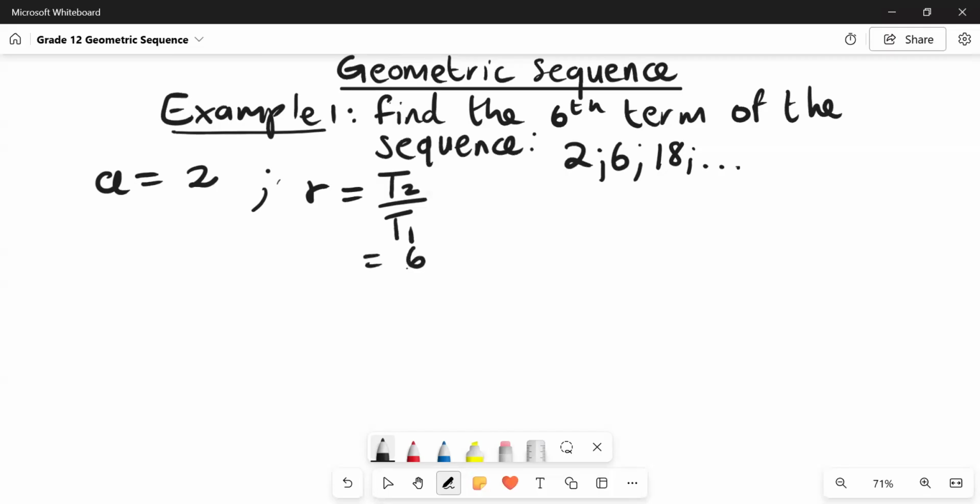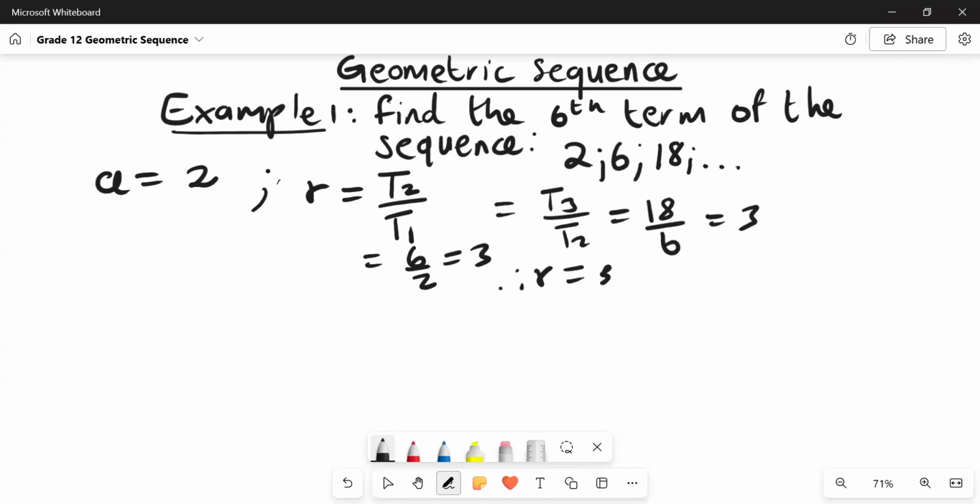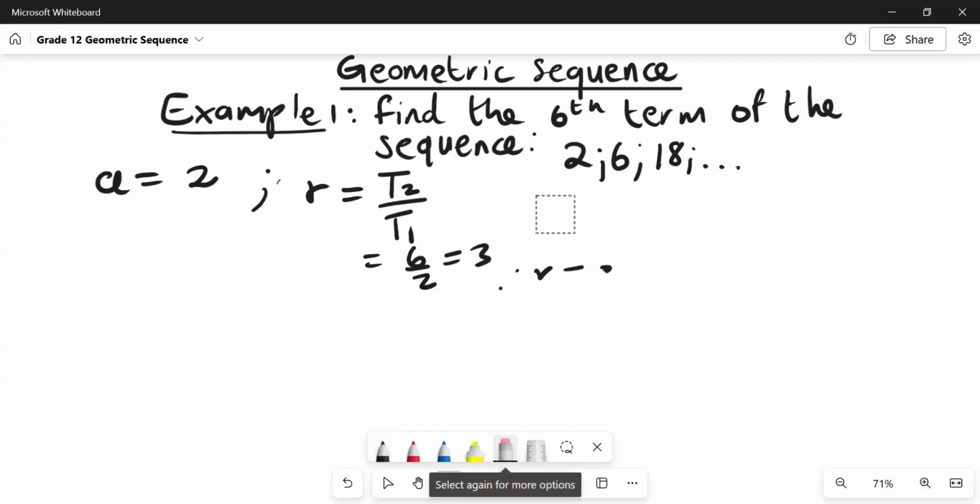We get 6 over 2, which equals 3. Same applies to T3 divided by T2, and we get 18 over 6, which equals 3. So basically, we can conclude that R equals 3.